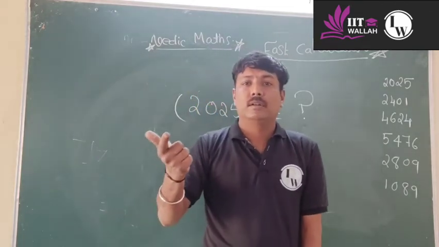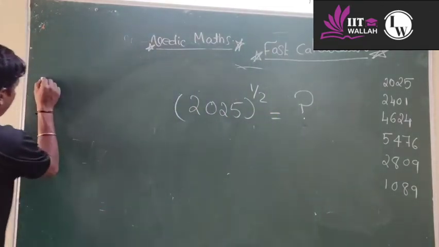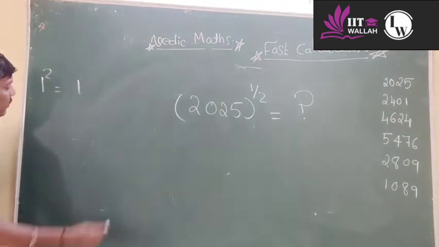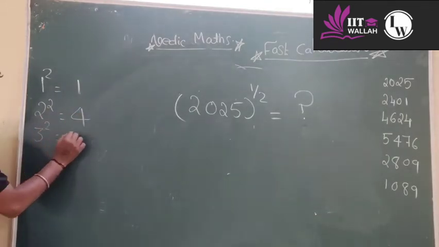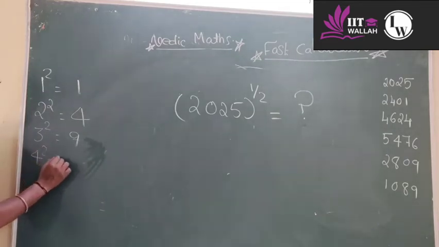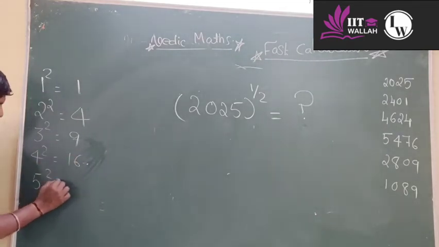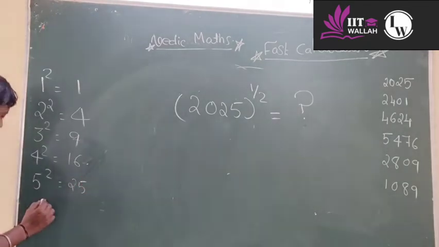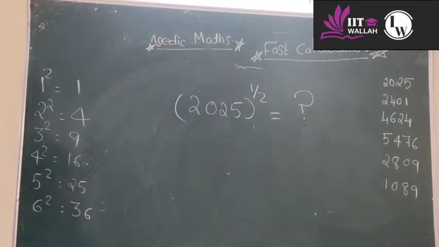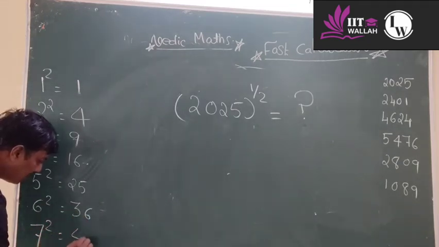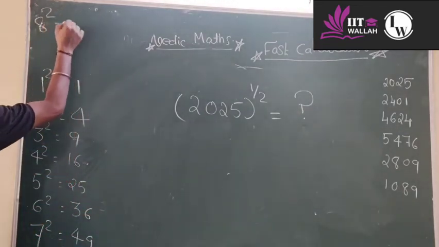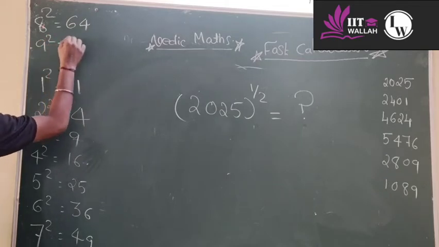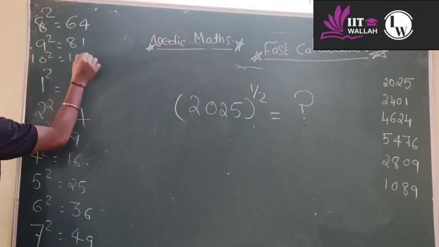Every one of you knows the square of 1. 1 square is 1 itself, 2 square is 4, 3 square is 9, 4 square is 16, 5 square is 25, 6 square is 36, 7 square is 49, 8 square is 64, 9 square is 81, 10 square is 100.